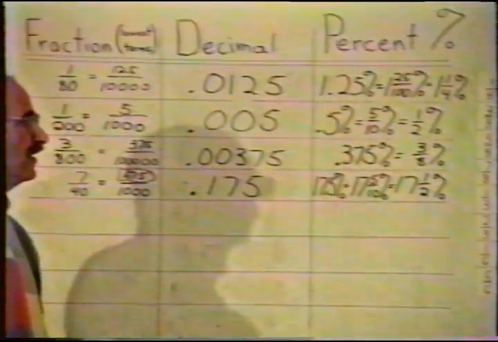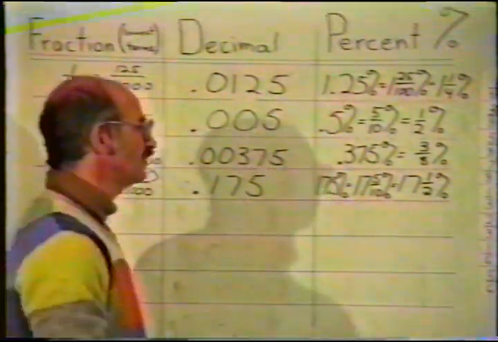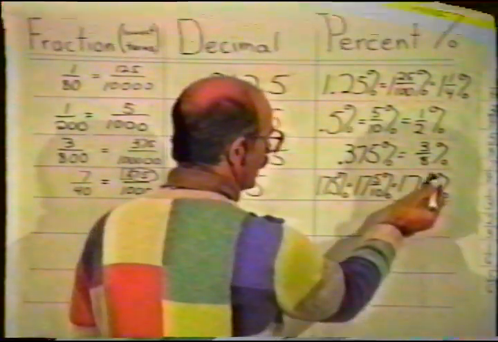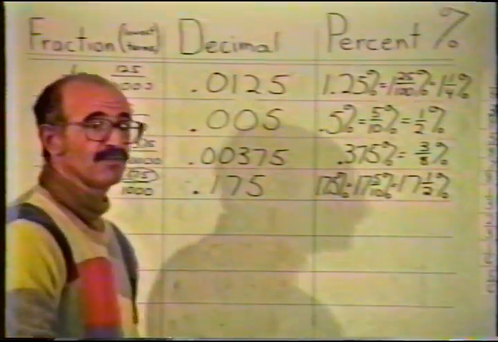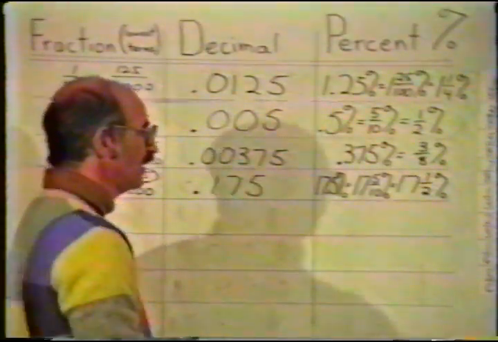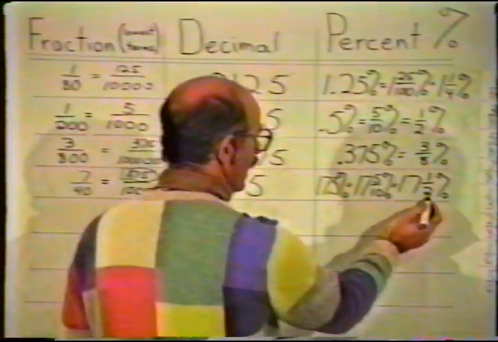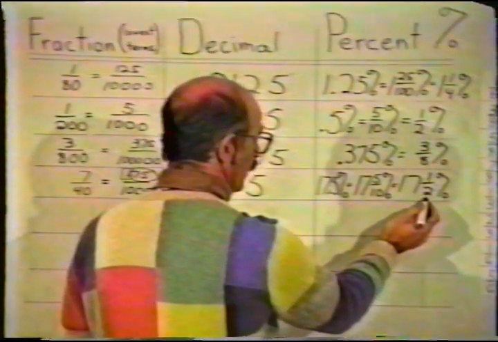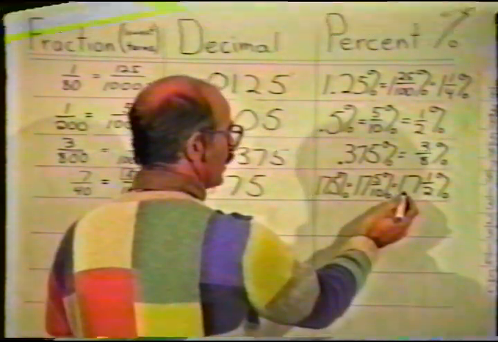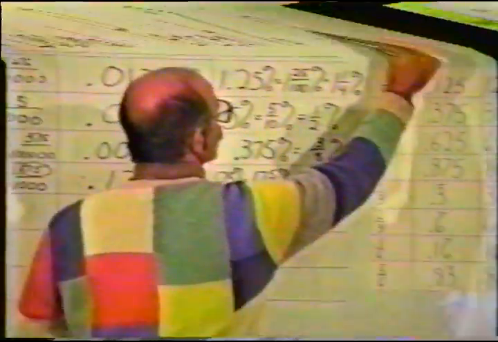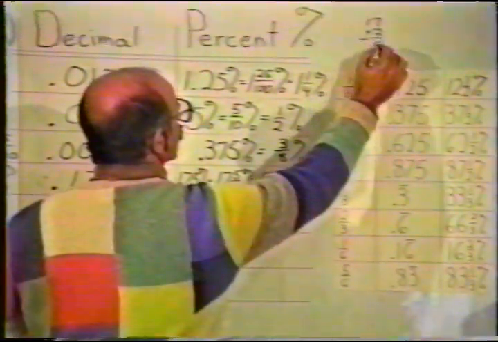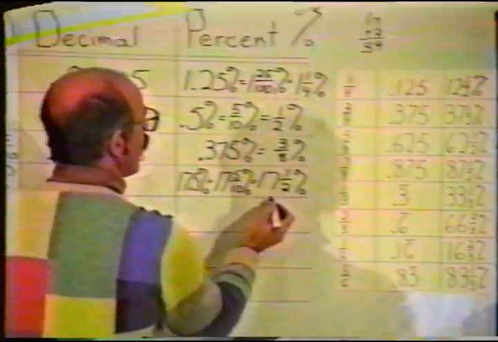Well, let's see if we can find a shortcut. Here's a special little trick. We can take this mixed number and change it into an improper fraction. We could say that 2 times 17 is what? 17 times 2 is 34.